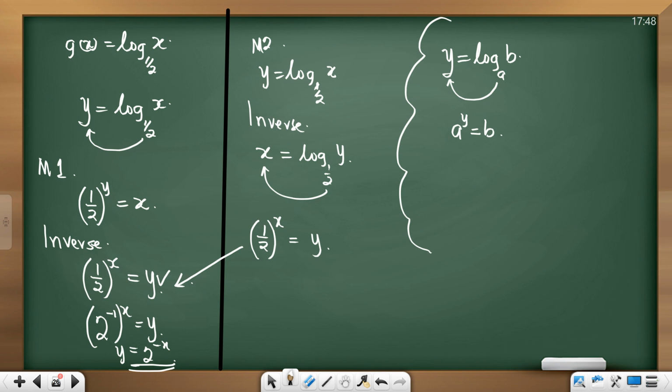And also to know that b cannot be less than 0. B cannot be negative. If you put a negative there, automatically you are wrong. B cannot be less than 0.